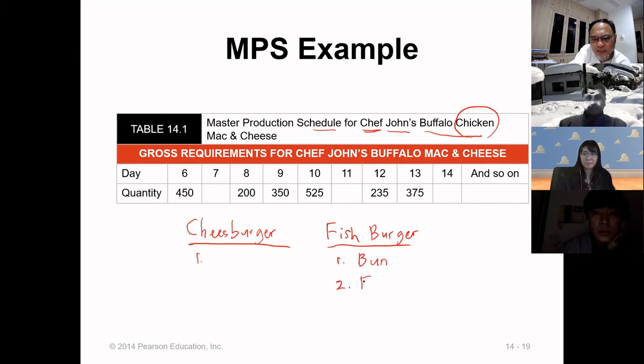Then you need the fish. We call it fish patty, no problem. Correct. And then what else? Is there cheese in cheese? Yes, there is cheese. Okay. What else? There is sauce.